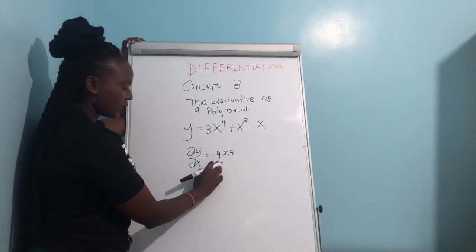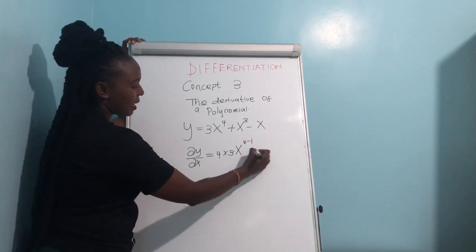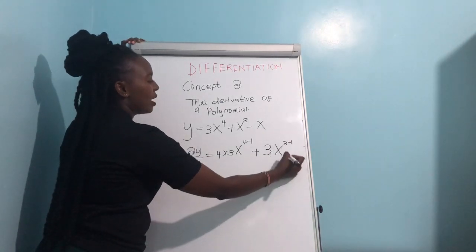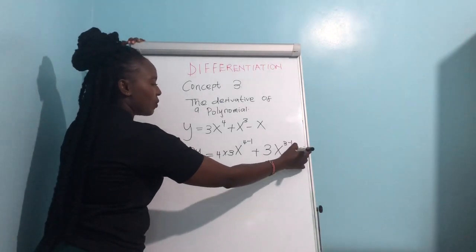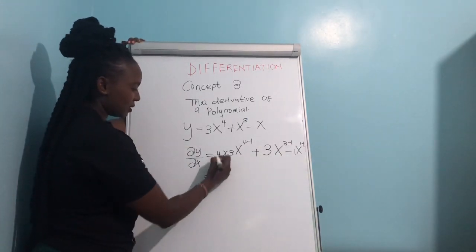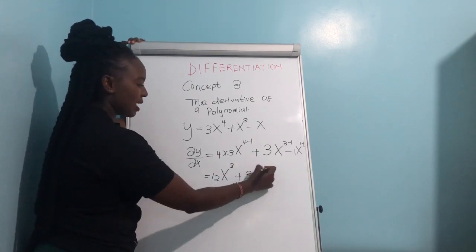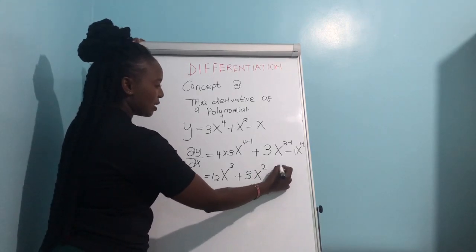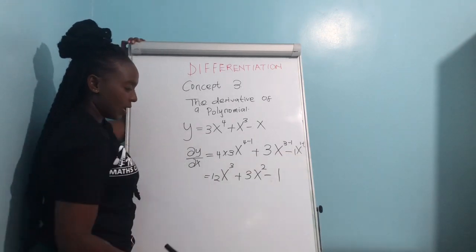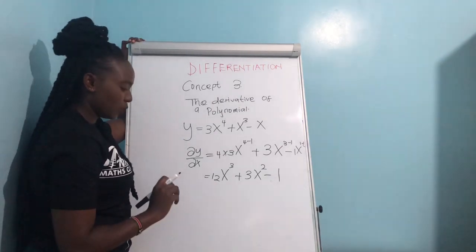You bring the 4 down, you multiply by 3, x^(4-1), plus, bring the 3 down, x^(3-1), minus, that's basically 1, x^(1-1). So this becomes 12x^3 + 3x^2 - 1. Remember the sign is negative. So basically this is how you're supposed to do it when it comes to polynomials.